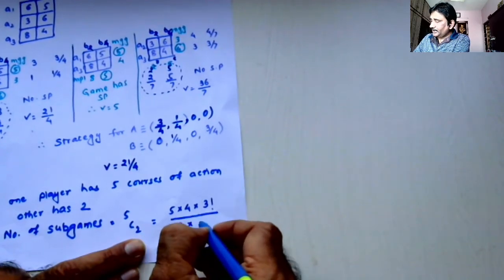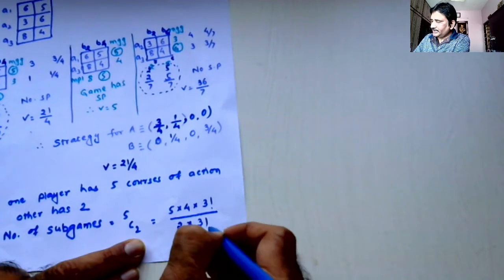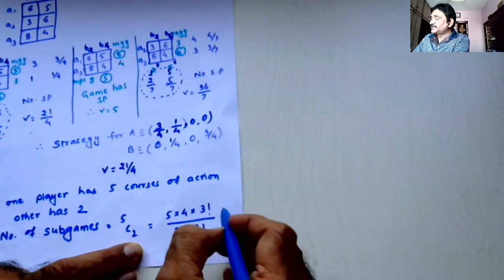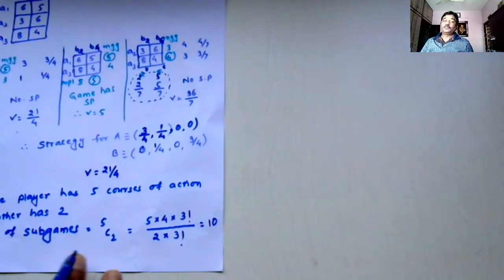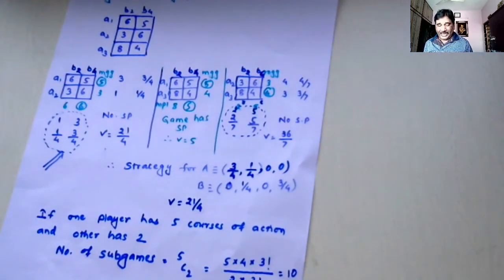So the number of subgames to be solved comes equal to 10. And many of them will not be useful. Only one subgame you will have to select after solving 10 subgames.